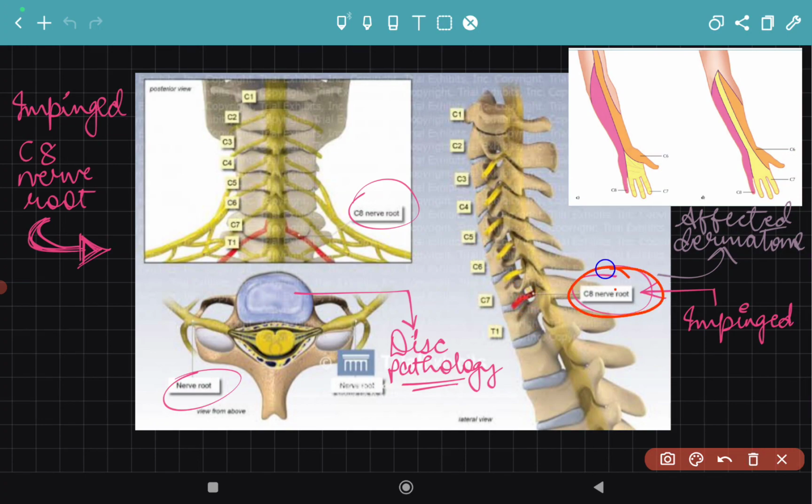And since we know here that the C8 nerve root is impinged, as a case, if we take that example.